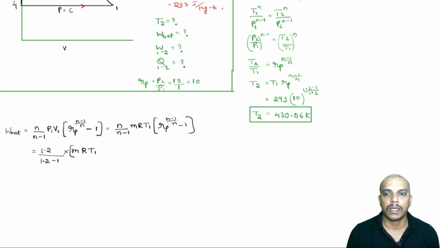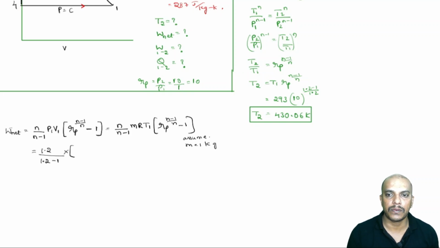Now in place of this mass, I will not calculate it because I don't have the volume. So I will assume mass as 1 kg, and let us do the work for every kg.